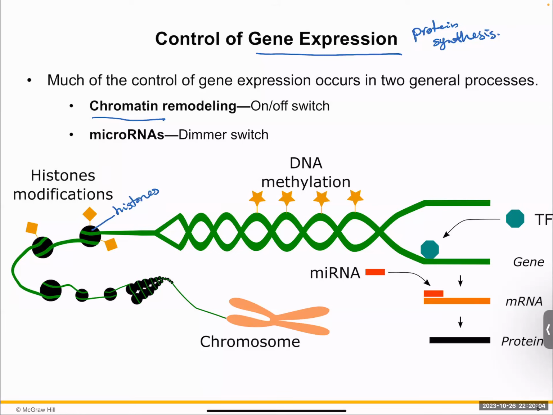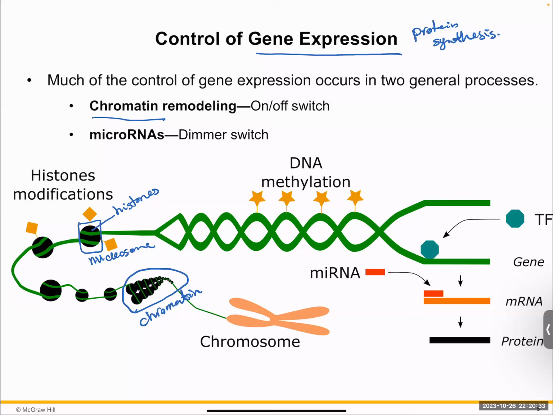If you look at this structure by itself, that was your nucleosome. And if you're really starting to pack it, forming something like this, that would be your chromatin. And then this is your chromosome. So chromatin remodeling is basically affecting this part and how histones are wrapping the DNA around them.